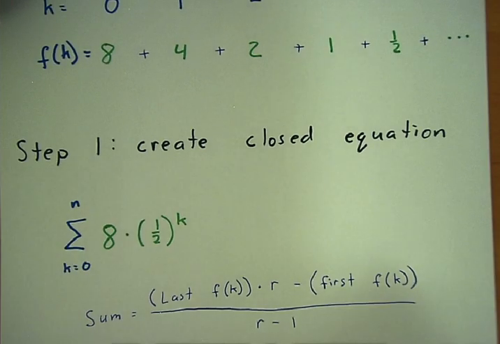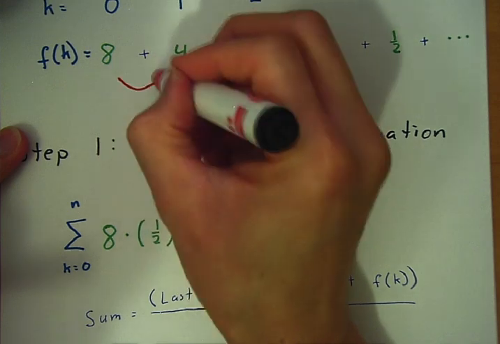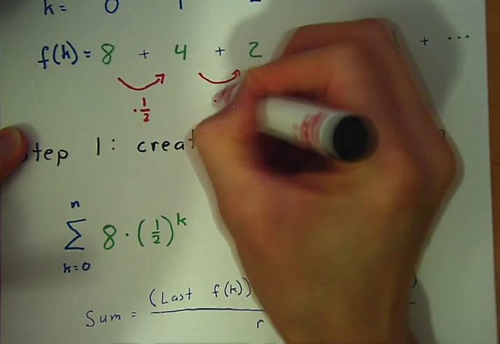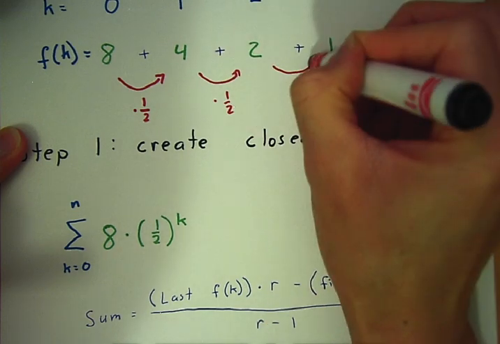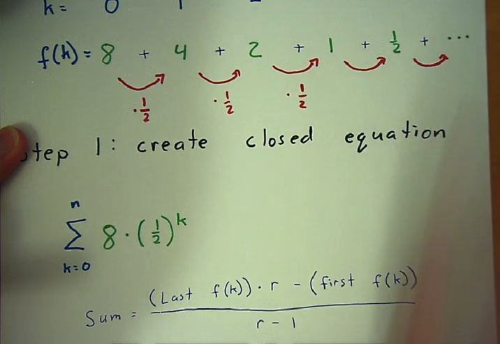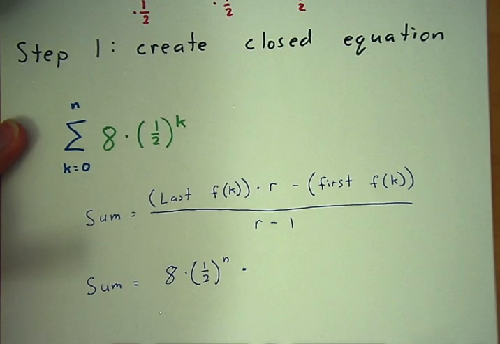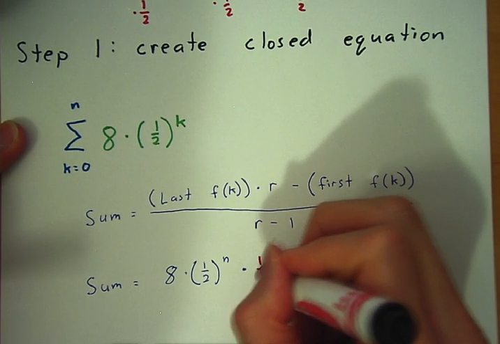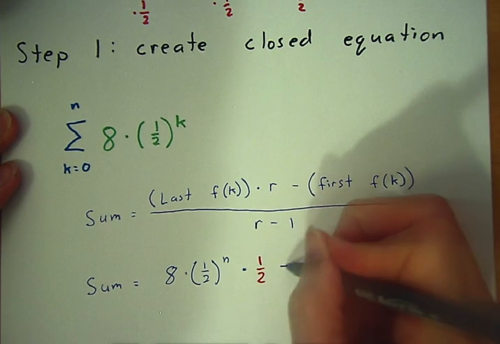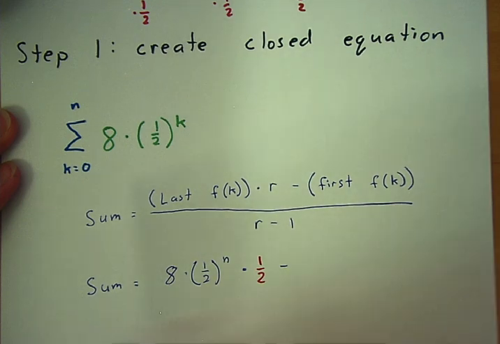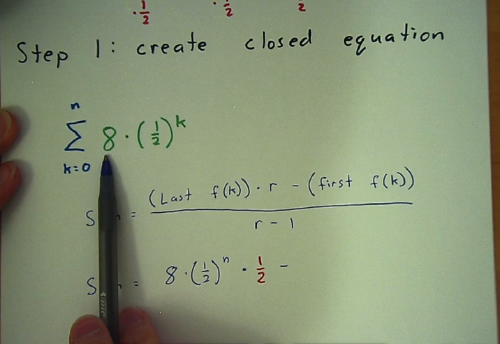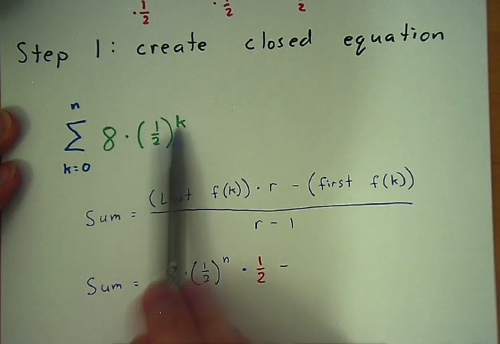Remember, that is my r, or my ratio. So my r is 1/2, minus the first number in my series. So my first number was when k equals 0: 8 times 1/2 exponent 0.